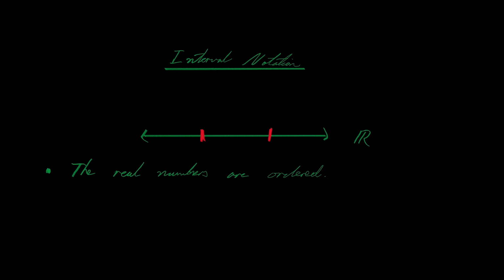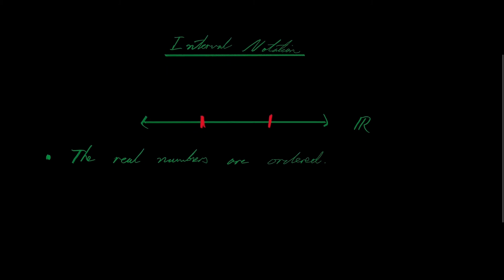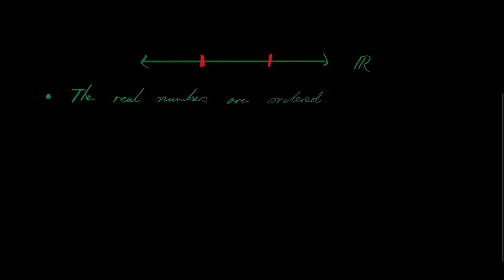We aren't going to delve into that much in this series, but we'll note now that it means that if you've got two real numbers, it makes sense to talk about one being smaller than the other or one being bigger than the other. We all have an intuitive understanding of what it means for things to be ordered according to some kind of relation. In this case, when we are talking about the real numbers being ordered, we are talking about their place in a list or their size, their magnitude.